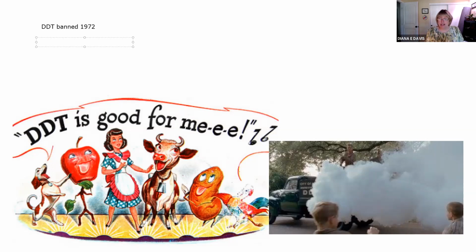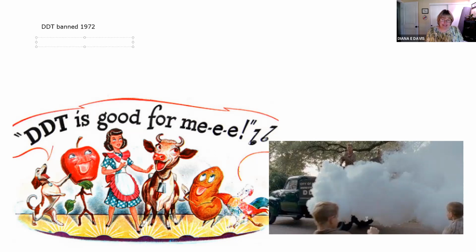Well, what do you think kids do when they see a truck with a big cloud coming out the back? Kids ride their bikes in and out of the cloud. Yeah, they run towards it, they play in it.